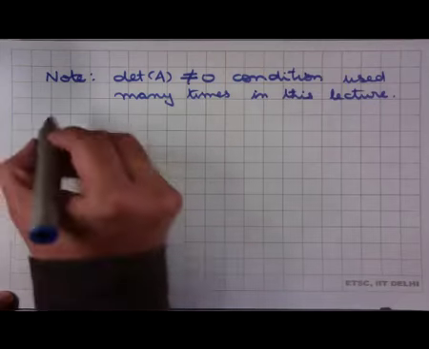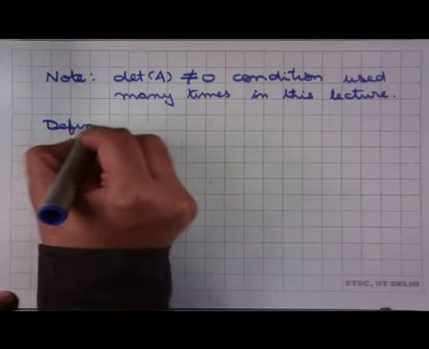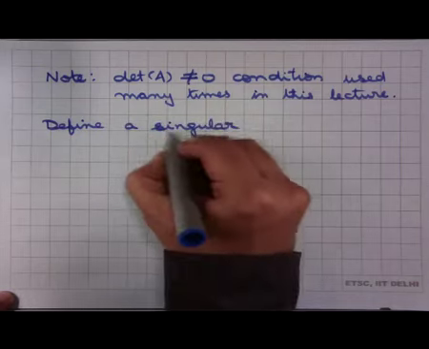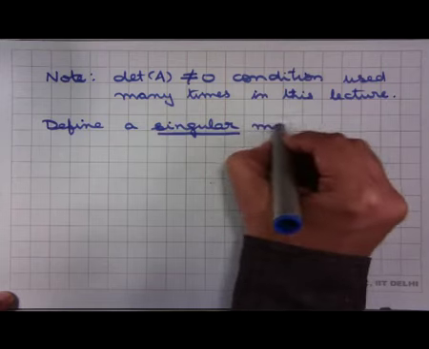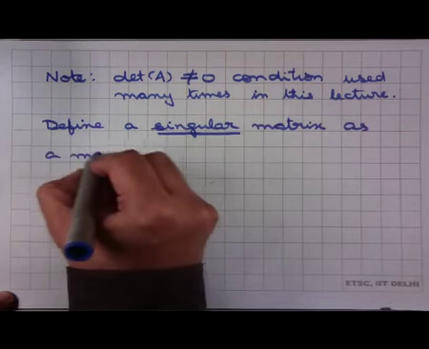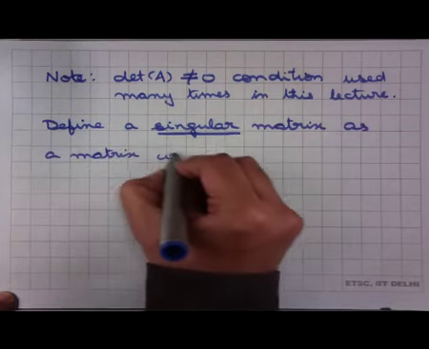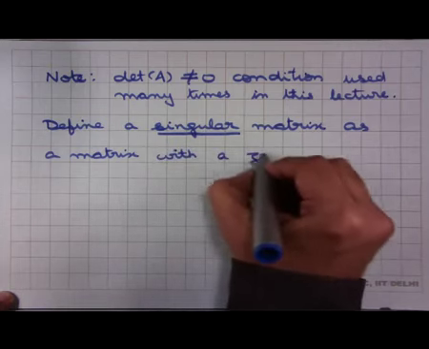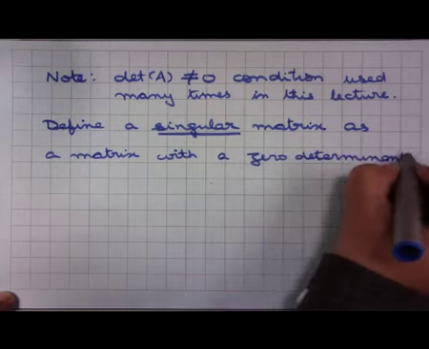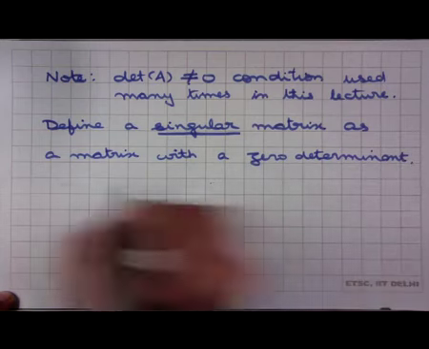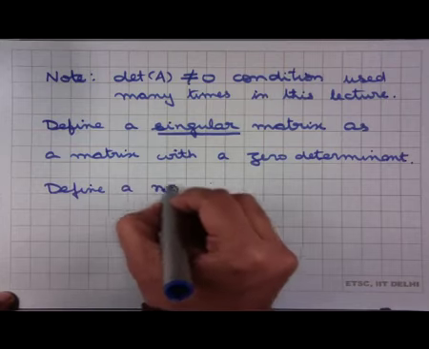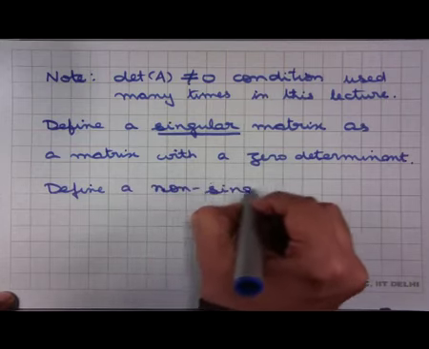So, based on this we can define a singular matrix; this is a new word that we are using here. We are defining a singular matrix as a matrix with a 0 determinant, and analogously we are going to define a non-singular matrix. What is a non-singular matrix?